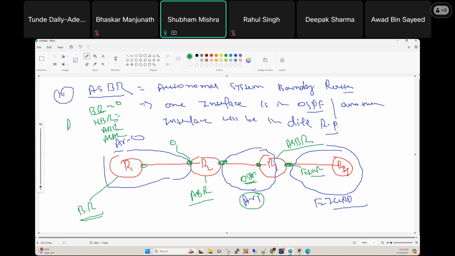ABR means one interface belongs to area 0 and the other interface belongs to other than area 0. And ASBR means one interface belongs to the OSPF protocol and the other interface belongs to another routing protocol. Do you understand, everyone? Tell me yes or no. So those are the types of router in OSPF. Are you clear, everyone? Yes or no?